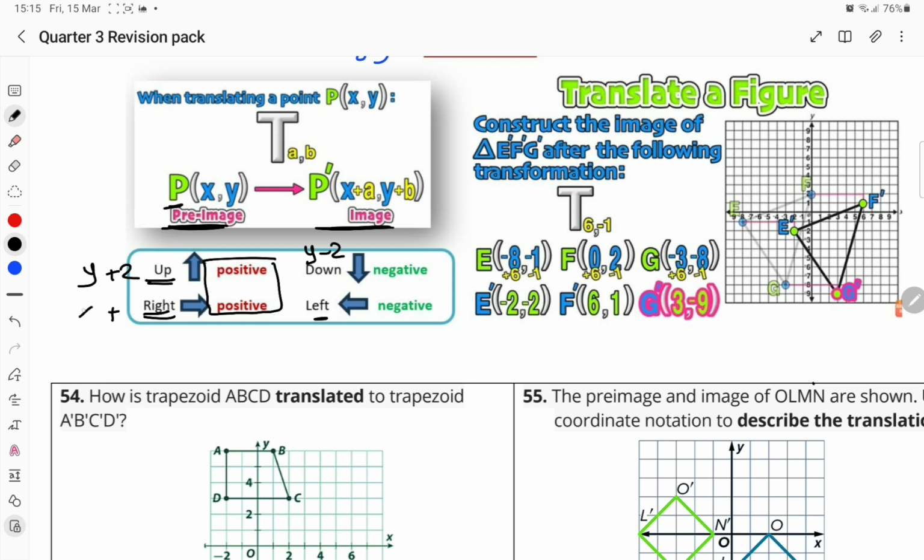So right and left are actually affecting the x. So again, up positive, down negative, y positive and y negative. Right x positive, left x negative. So if I said right 2 steps, so x plus 2. If I said left 2 steps, so the x minus 2.